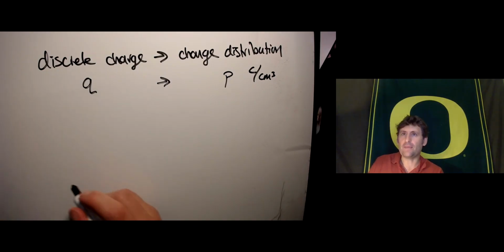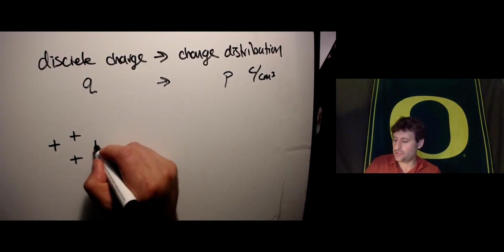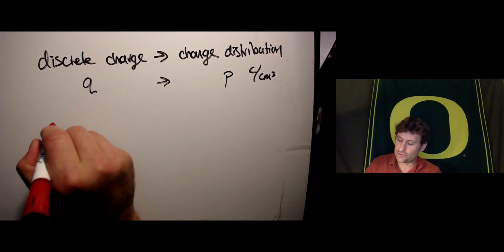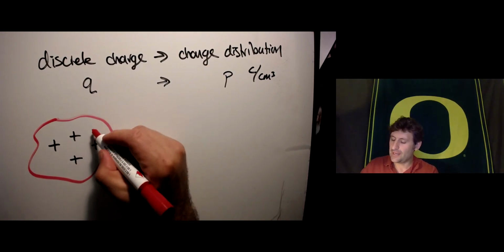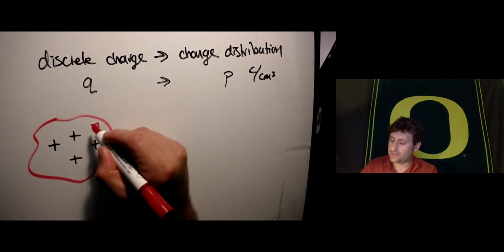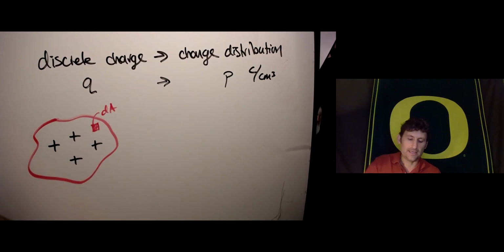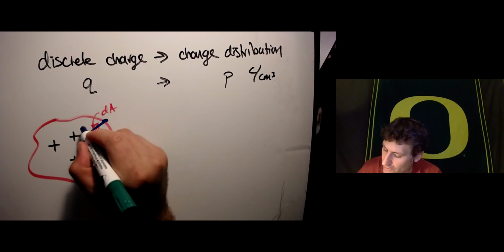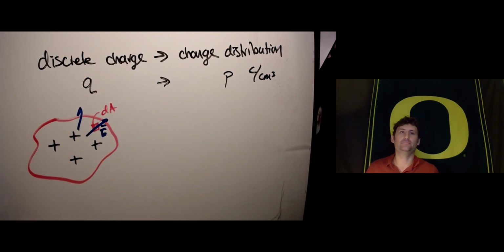And one way you can think about it, okay, is if I have some charge, some arbitrary charge distribution, and I draw a three-dimensional surface around that charge distribution, I can take an area element, okay, call that dA, and I can measure how many electric field lines go through that area element, okay?